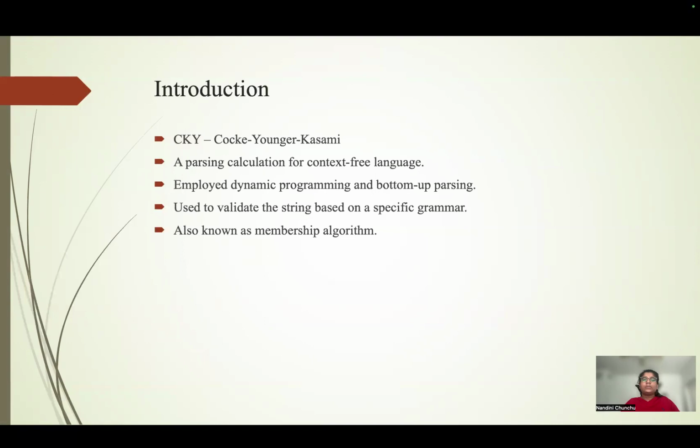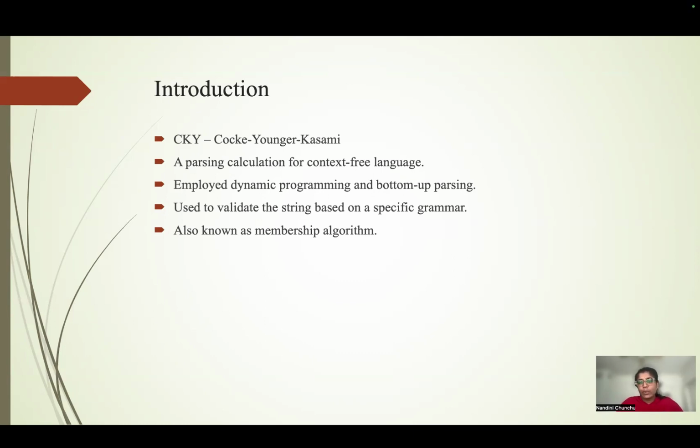So here, in the introduction, let me introduce CKY parsing. CKY parsing is an algorithm for context-free languages, which was developed by the scientists Cocke, Younger, and Kasami. So that's why it is called CKY.